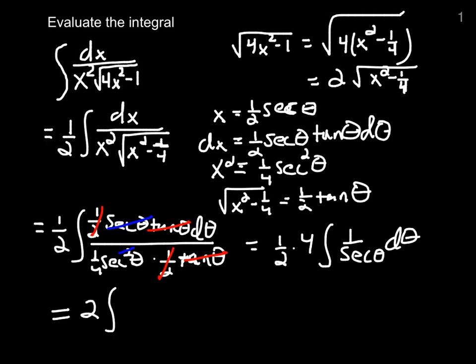What's the reciprocal of secant? Cosine. Great. So then the integral, what function has cosine as its derivative? It's sine. So the antiderivative is 2 sine theta plus a constant.